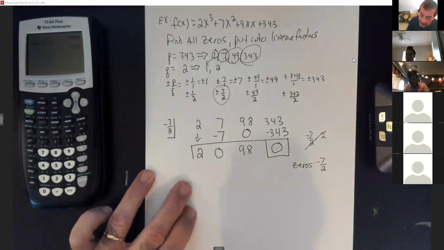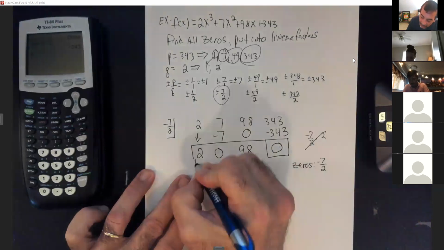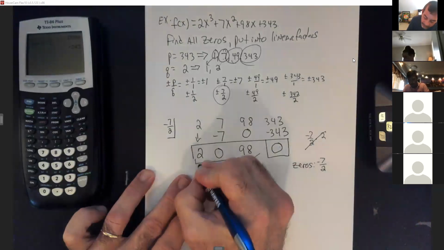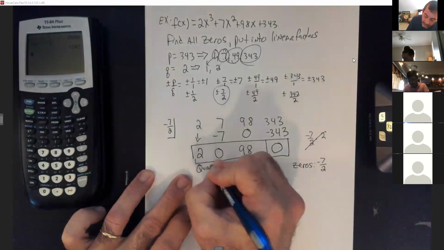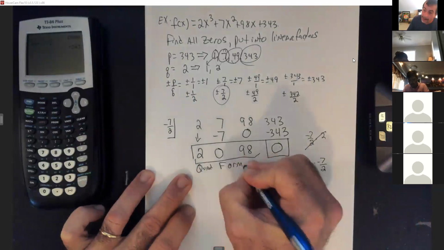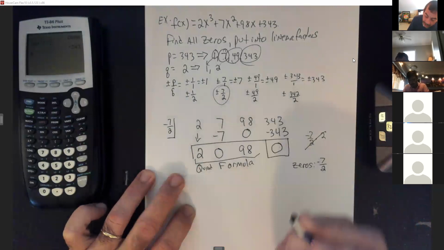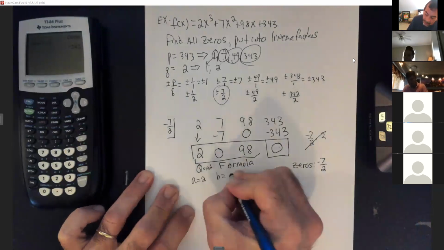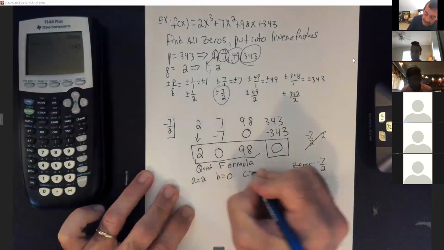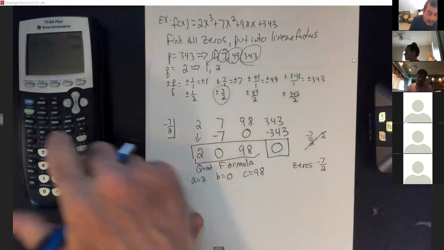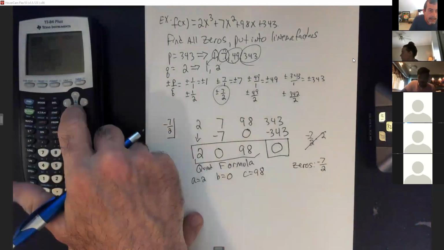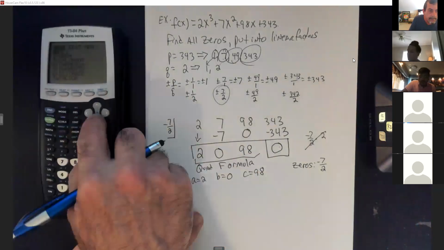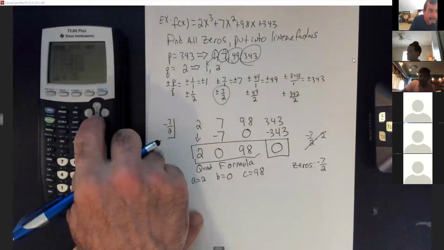All right, to find the other 2, since I got 3 numbers left, I'm going to use the quadratic formula. A is 2, B is 0, and C is 98. So I'm going to go to my program and go to my quad. So they don't even give you the -7/2?